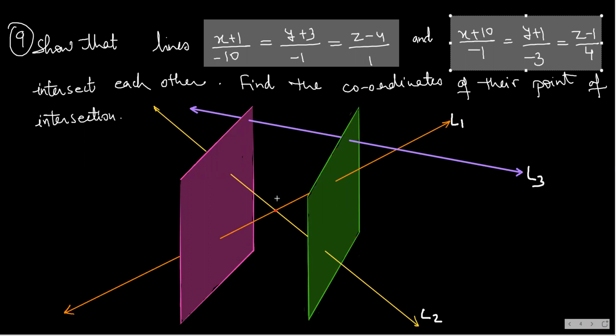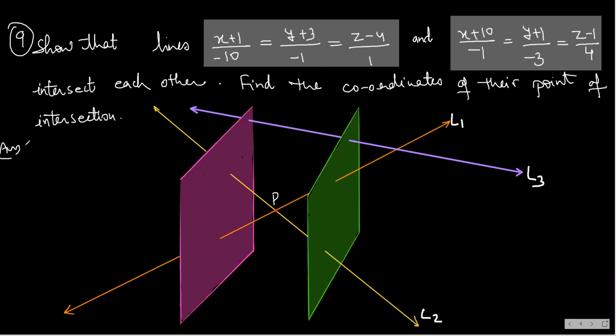Anyways, I made them intersect each other. Now remember, students, if the two lines are intersecting each other, then they will have one point in common, that is for sure. So this idea of a common point will give us the solution. So I will begin with my solution.